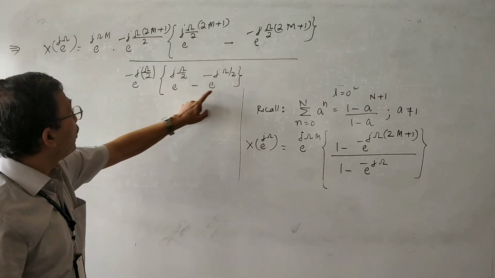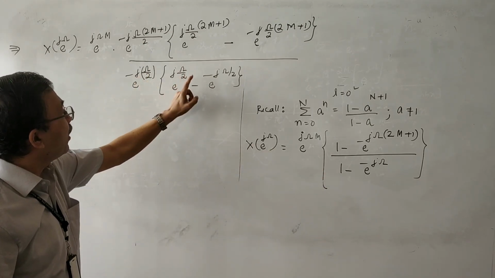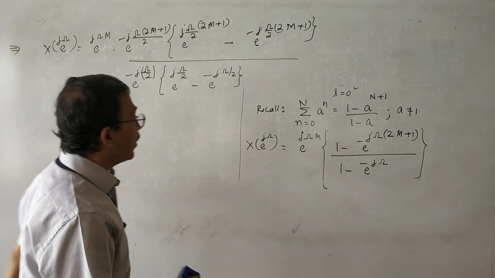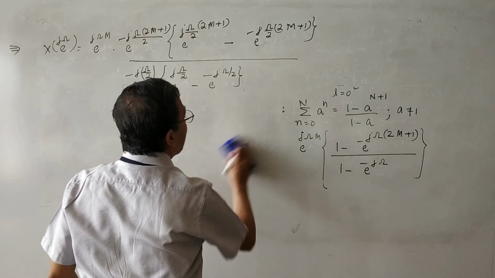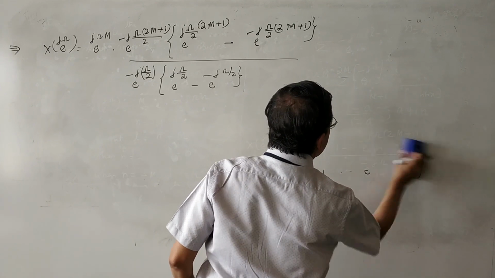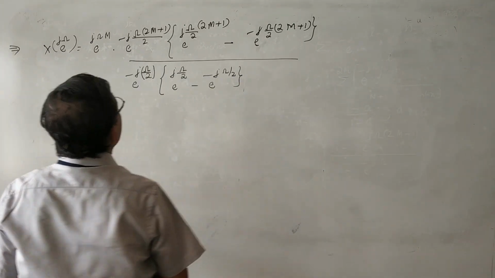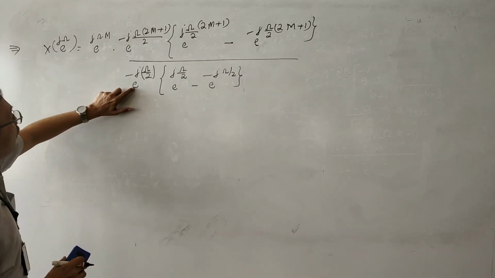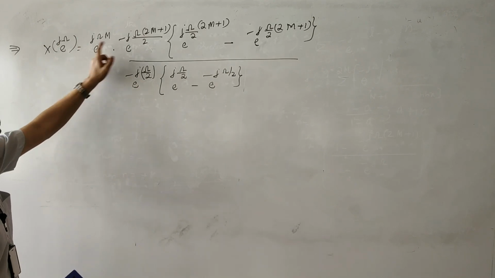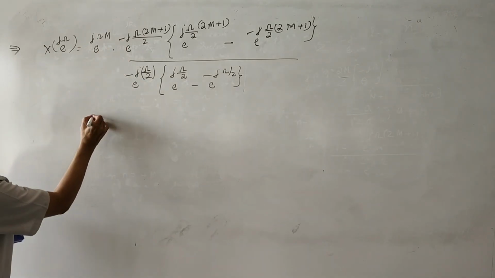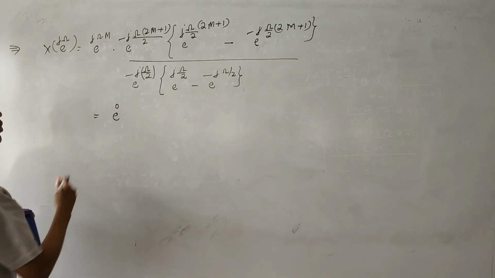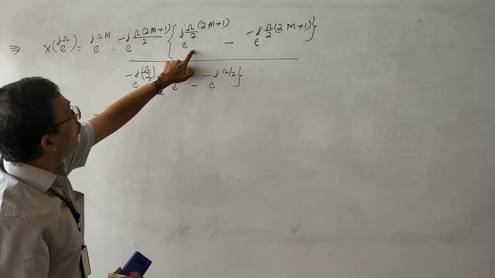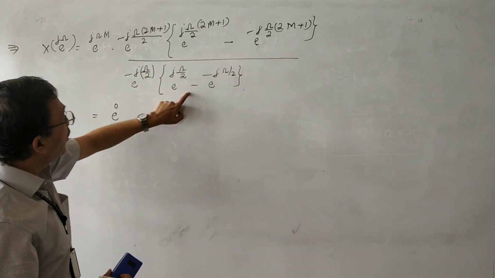When you multiply these two exponentials, the powers get added, so you get this exponential. Now if you take this exponential to the numerator, add all the powers of the exponentials, you get e to the power 0. Divide this numerator by 2j, denominator by 2j.